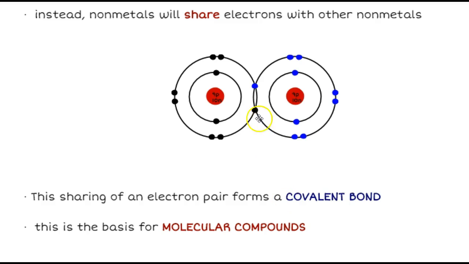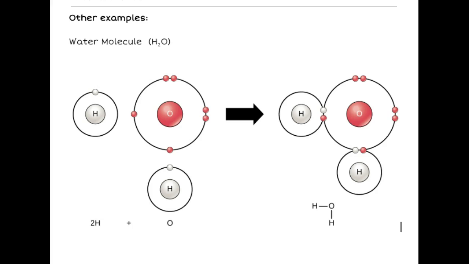And so as I said, this sharing right here is what we call a covalent bond. If I were to ask you, where is the bond? You would want to say, this is where the bond is right here. This is one covalent bond. Okay? And that's really how molecules form, right? They form because of covalent bonding. So let's look at some more examples of this.